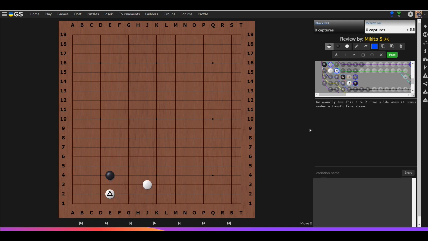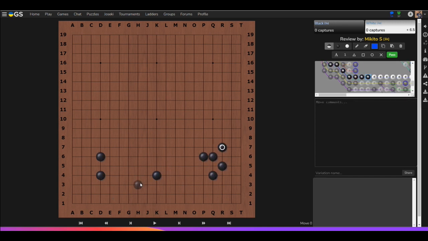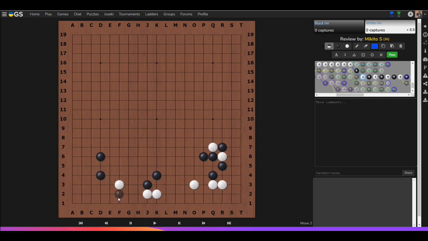Okay, let's look at another example of this. So this is like an actual game setting. So here, let's say white's last move was this one, and black doesn't want to hit him on the head, right? So instead, black tries the diagonal, right?